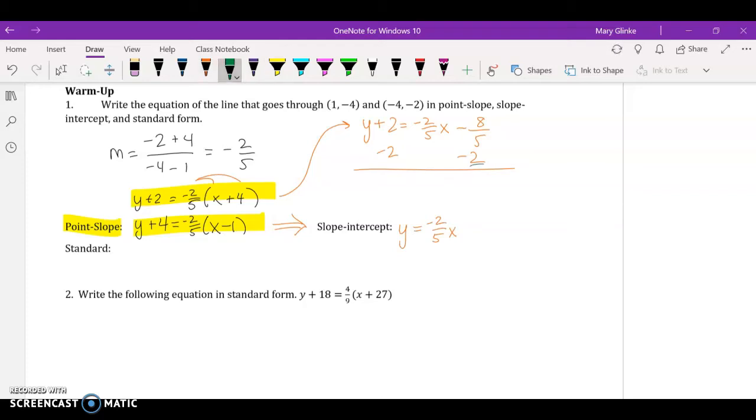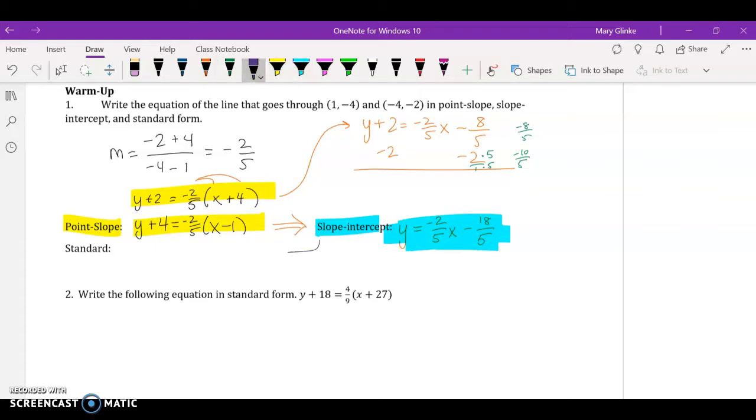You're maybe going to have to do some work with fractions here, finding common denominators. We're really doing negative 8/5 minus 10/5. So that means my y-intercept is going to be negative 18 over 5. So this is in slope-intercept form.